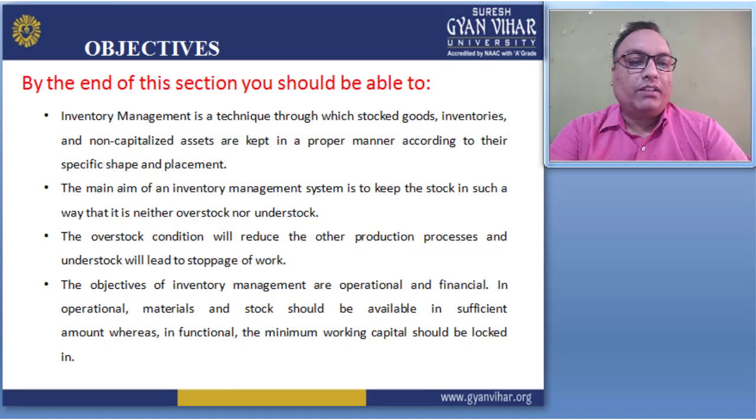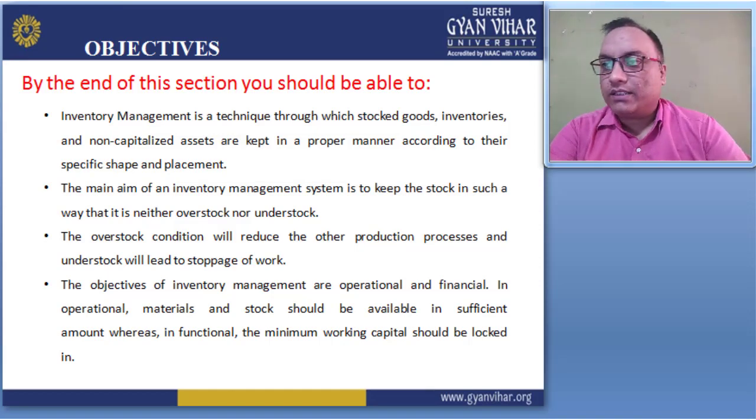And you know how the inventory management technique works, and the main aim of the inventory management system is to keep the stock in such a way that it is neither overstock nor understock.